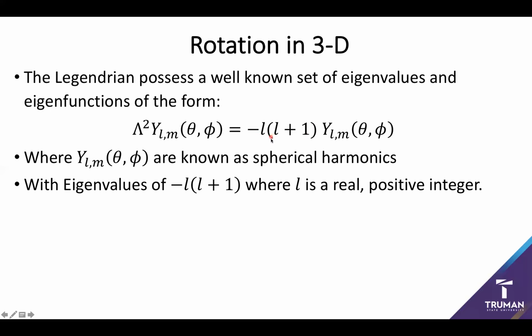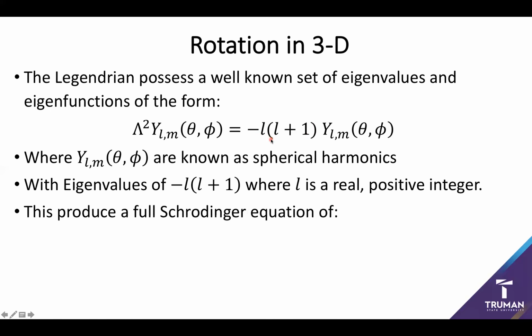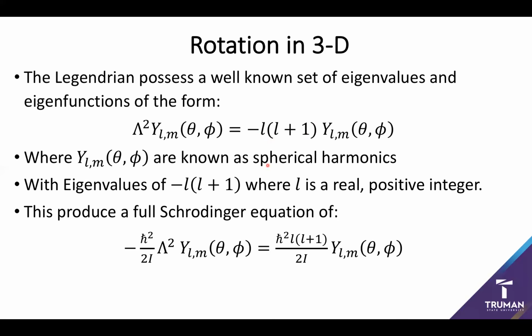Specifically nice is that the reason we were doing this originally was to generate a Schrodinger equation for a rigid rotor. Yes, there are a lot of moving parts to this. However, in order to get the Schrodinger equation, all we need to do is add on this prefactor of h bar squared over 2 times the moment of inertia, which means our eigenvalue for the energy is actually not the worst one we've dealt with.